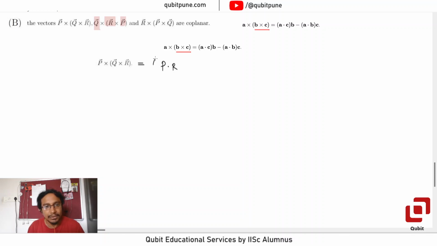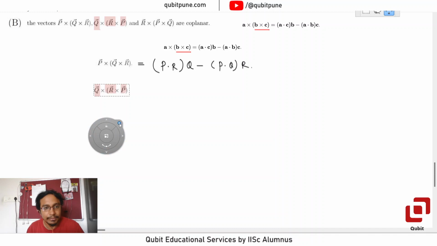Yes, what will be the expression for this? P dot R Q minus P dot Q R. ठीक है? Then Q bar cross R bar cross P bar. This would be what? ACB. So Q dot P, now let me write it as P dot Q only because it's commutative.